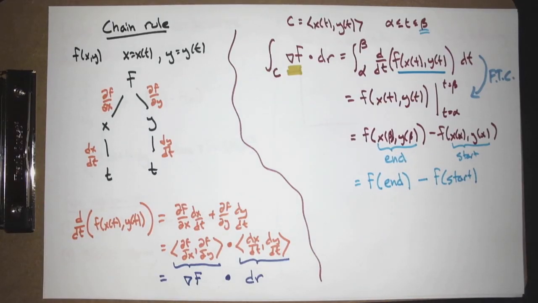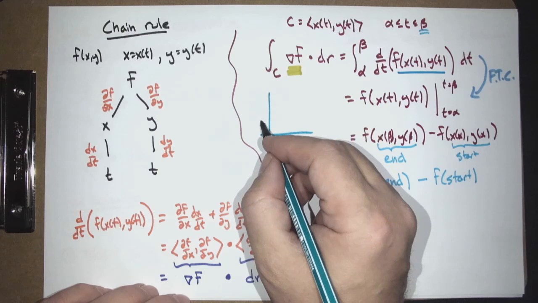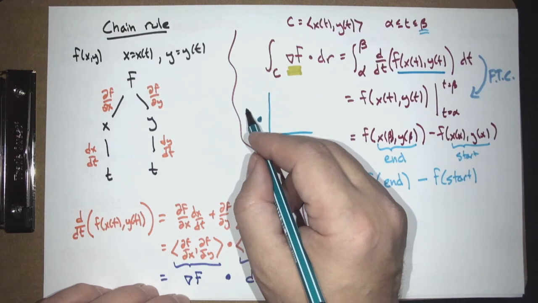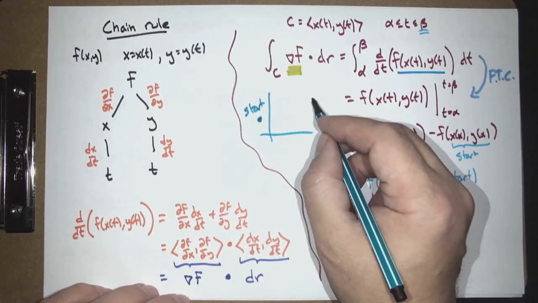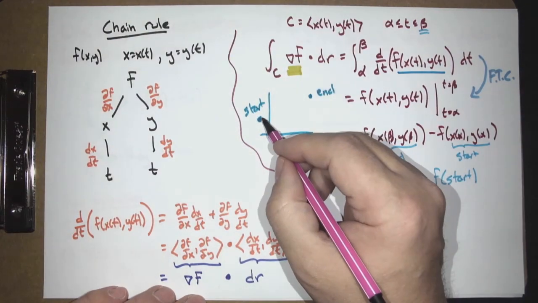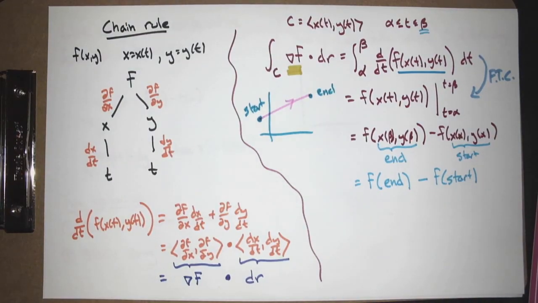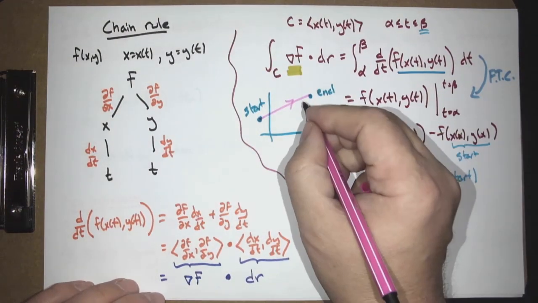Okay. Now, this feels better. Because what? Well, first thing is, does it matter how C got between the 2 points? So let's say this is our start, and over here is our end. And let me draw a curve. Here's a curve. I'll call this curve C1.